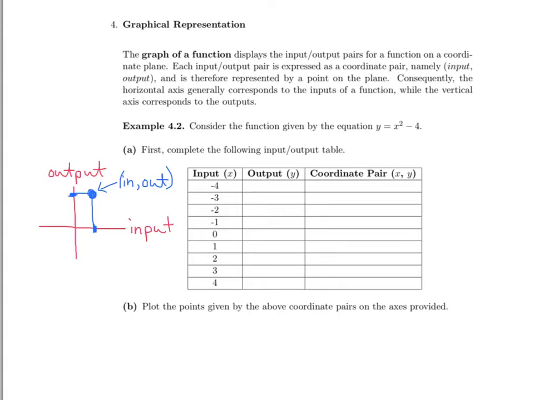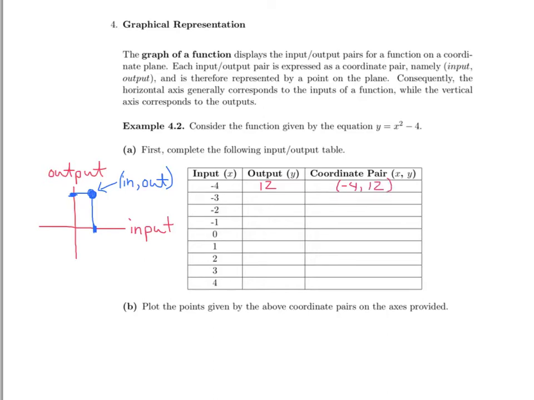So let's substitute -4 into this function. We take -4 and we square it. That gives us 16. 16 take away 4 is 12. So we have an output of 12. The coordinate pair is the same as the input-output pair. So the input goes first and the output comes second.